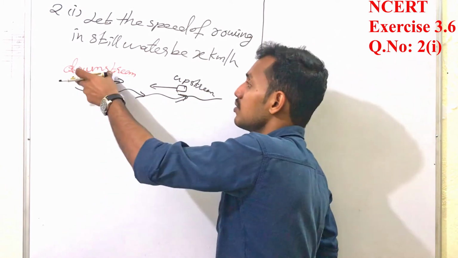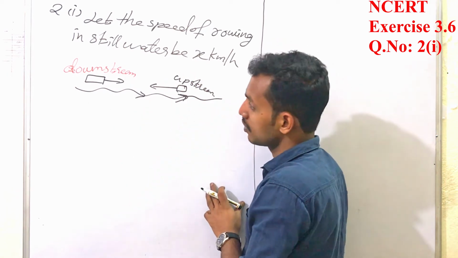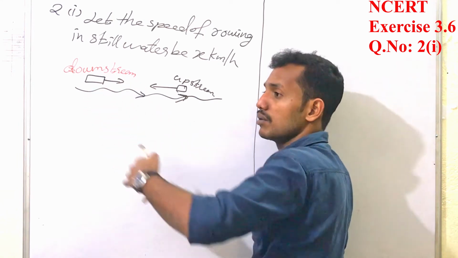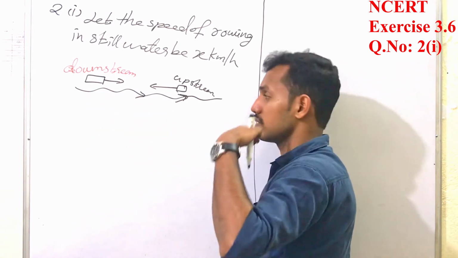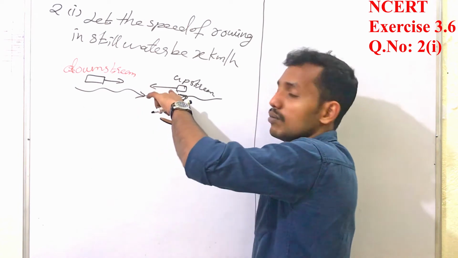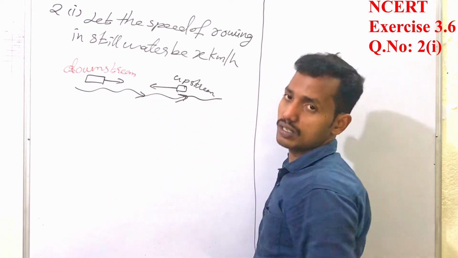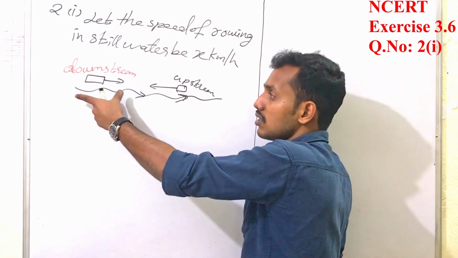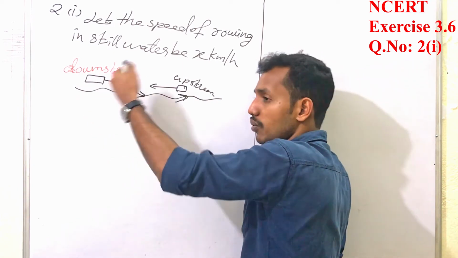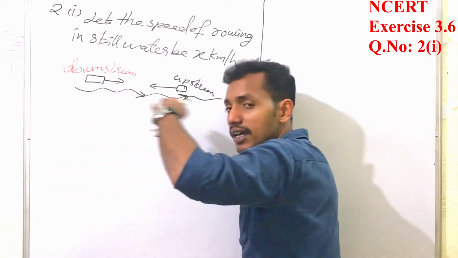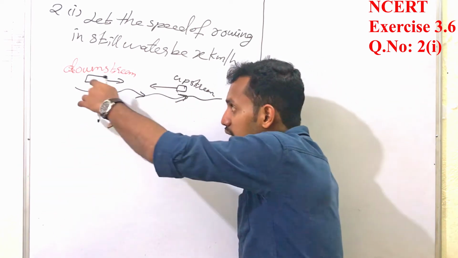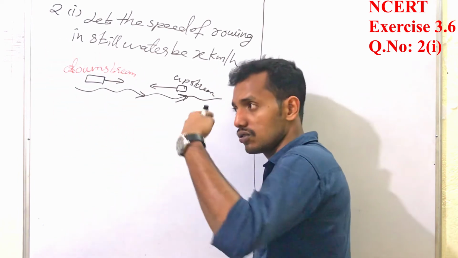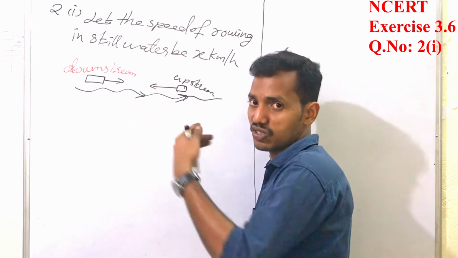So, the difference between downstream and upstream is that in case of downstream, the distance traveled by the boat will be greater than the distance traveled in upstream. Why does it happen? When the boat is rowing in the same direction as the stream, the individual velocities will be added and the boat will move faster.